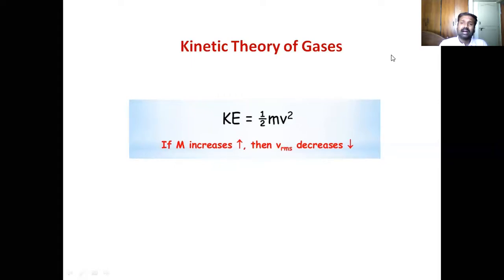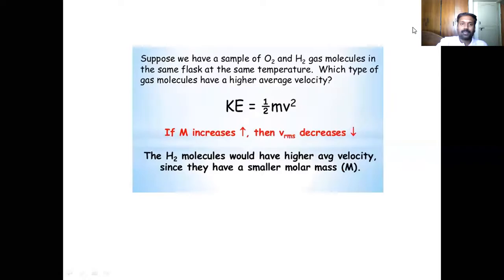Now, if we apply this kinetic energy equation and I have to calculate the kinetic energy of two different samples of gases, how do we do this? For example, I am taking oxygen and hydrogen, two samples of gases, with smaller molar mass and larger mass.